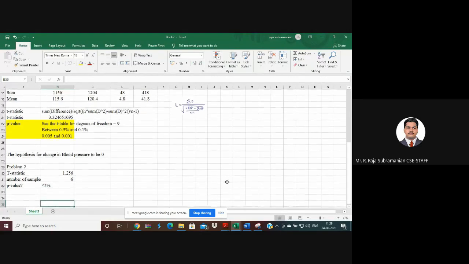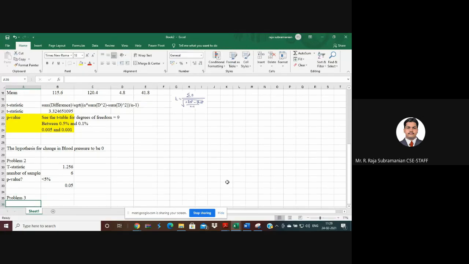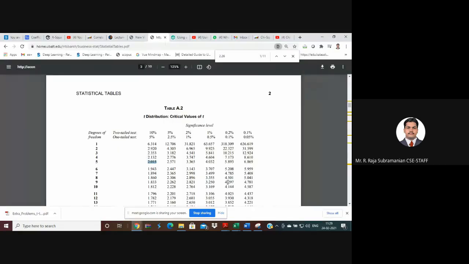Now if I give it in a question without the percentage, you put it as 0.05. Now this is slightly different. Let me see the t table also once.